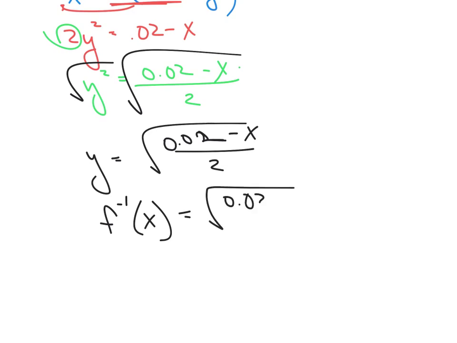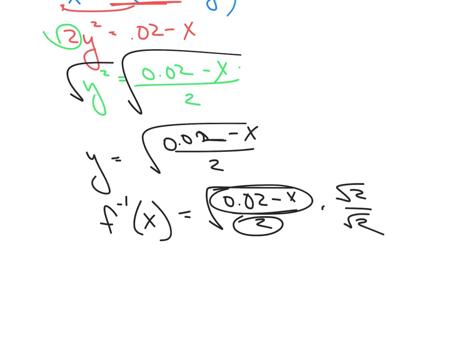I don't like leaving my radicals in the denominator, because this radical means the radical of that over the square root of 2, and I don't like the square root of 2 there. Normally I would multiply both sides by the square root of 2 over the square root of 2. I'm not sure why the book didn't do that, but anyway, that's the correct way of doing it. And that's pretty much it as far as finding the inverse function of a function they give you. So that's it for 4.3.